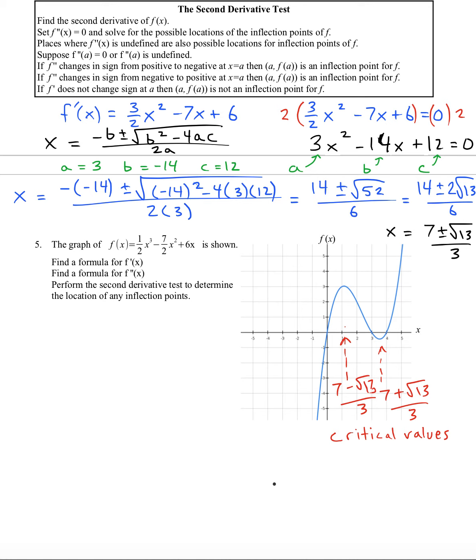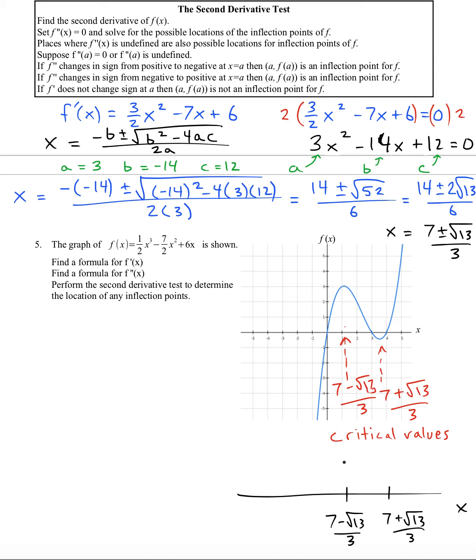In order to do the first derivative test, just make a line representing your x-axis. We want to clearly mark on there where our critical values occur. So this is 7 plus radical 13 over 3, 7 minus radical 13 over 3.